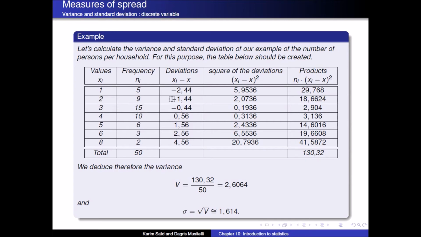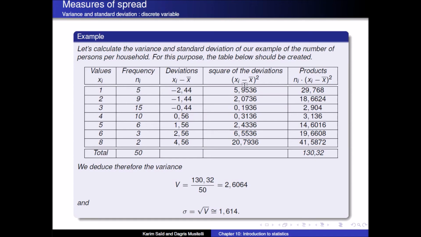So we compute the deviation. So the value 1 minus the mean, which we computed before, gives this. So every time the value minus the mean gives this, we put it to the power 2. And don't forget that this deviation here, you have it 5 times.